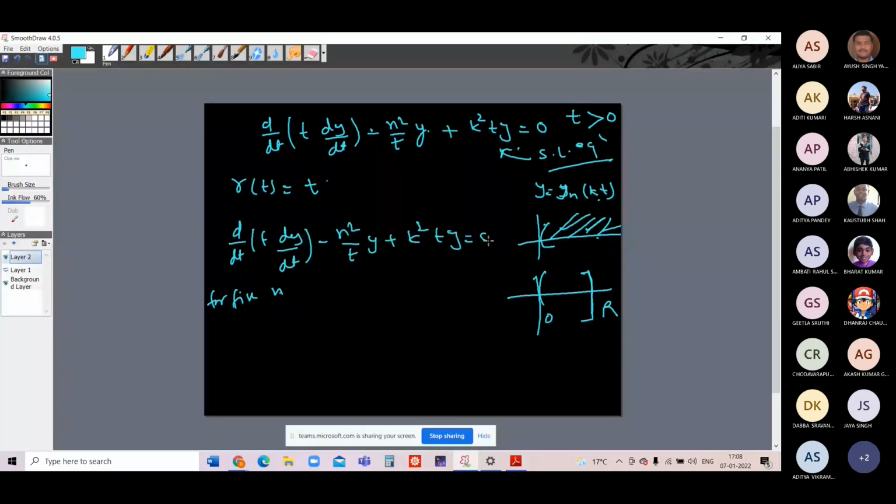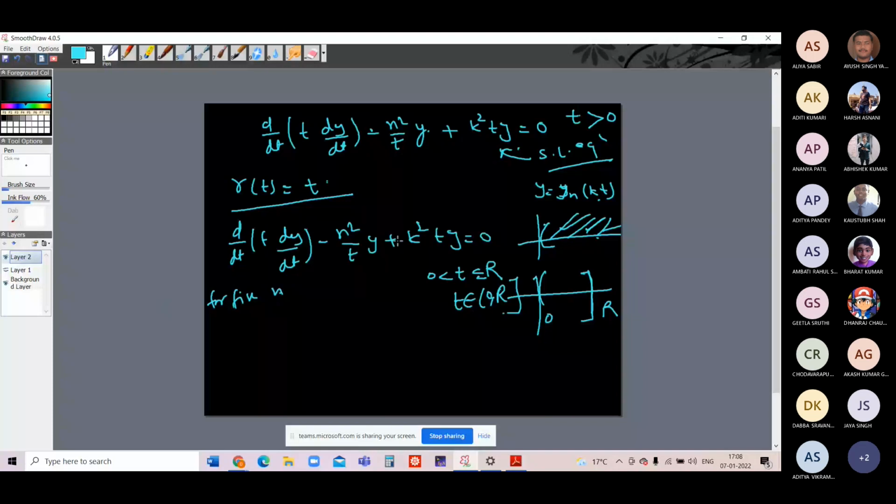As you know, here r(t) is t. The interval is now bounded, because we are considering only the bounded interval, where t lies between 0 and R, or we can say t belongs to the interval 0 to R.